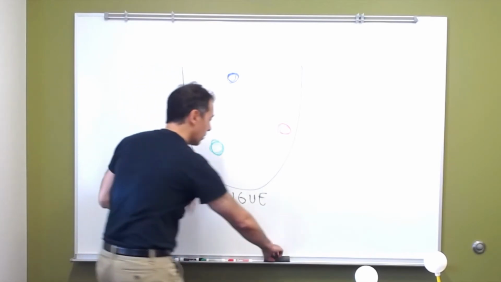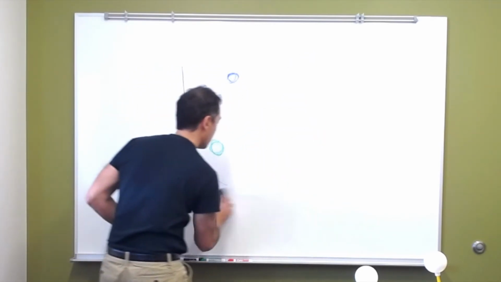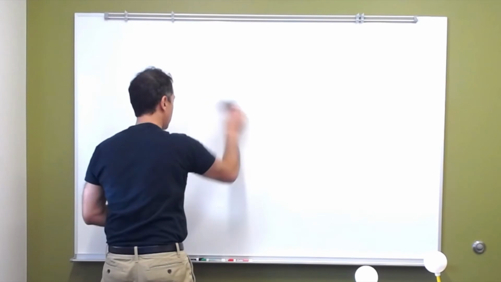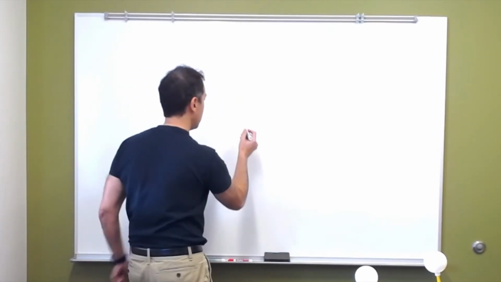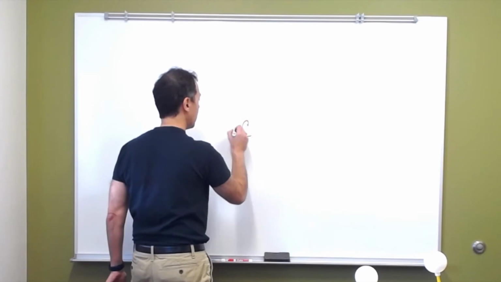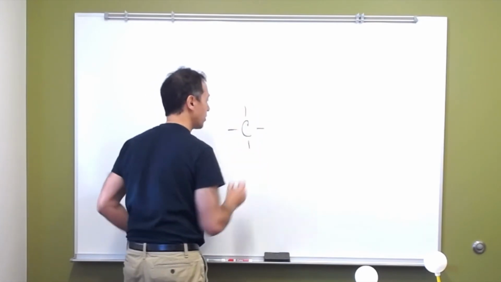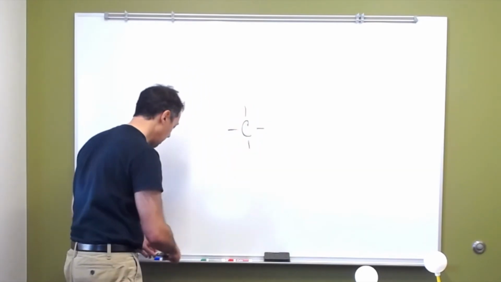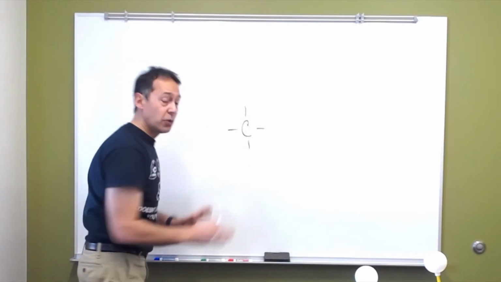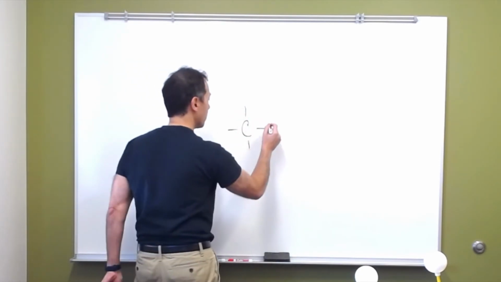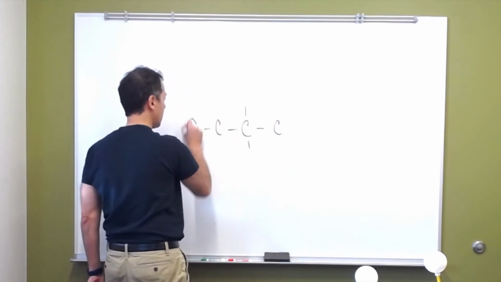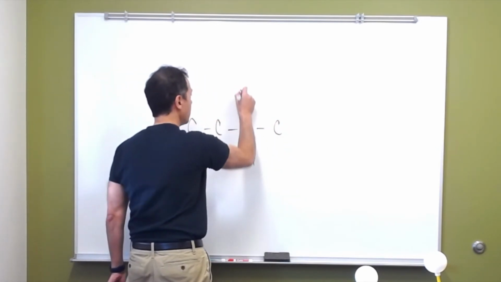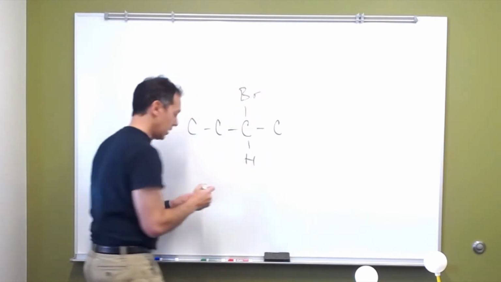Now, if we were to draw out a molecule and try to identify what is a chiral center, you might have, say, a carbon atom in the center like this. We know carbon likes to form four covalent bonds. And then we have four unique things coming off of it. So let's just say we have a carbon like this, and then a hydrogen, and then a bromine like this.